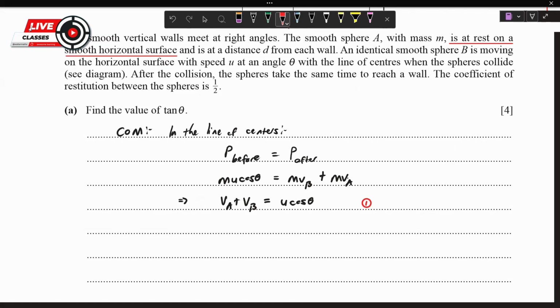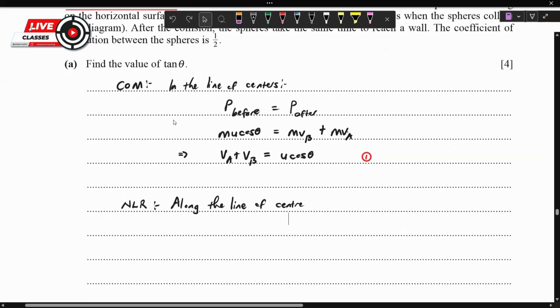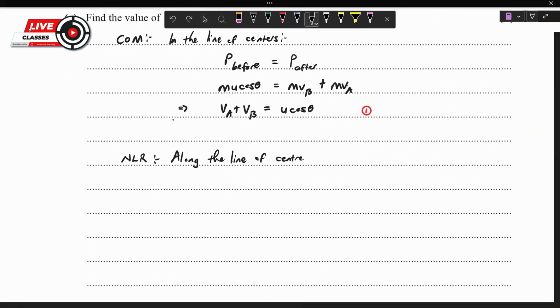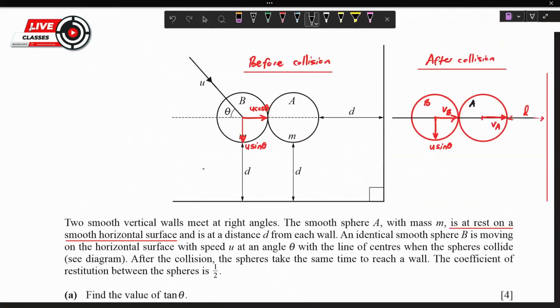All right. Next, we want to apply Newton's law of restitution. So basically, we're going to say again along the line of centers, the relative speed of separation is equal to e times the relative speed of approach. Now, the relative speed of separation, for this, we say VA minus VB.